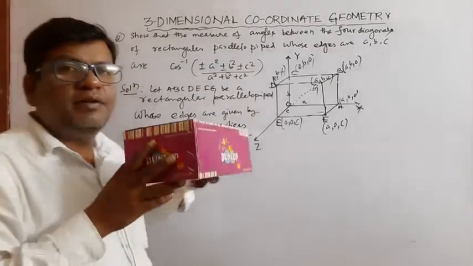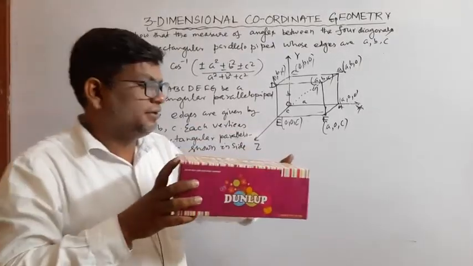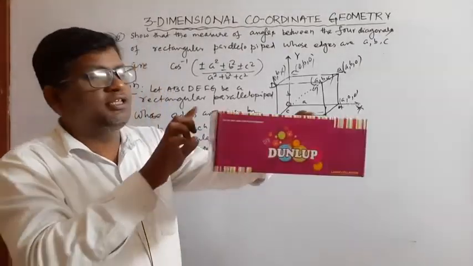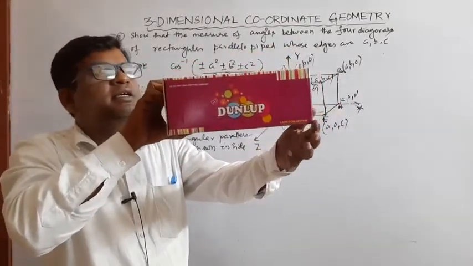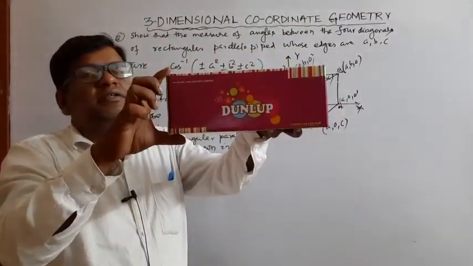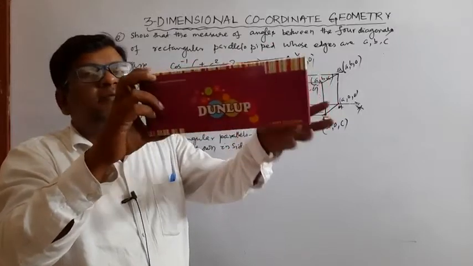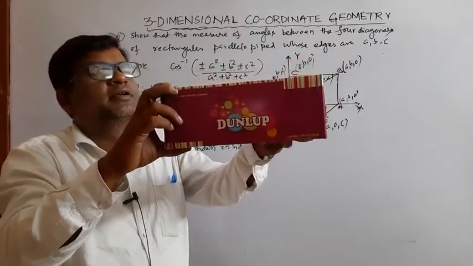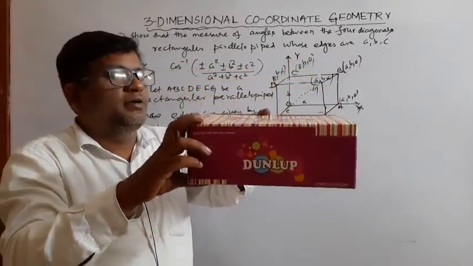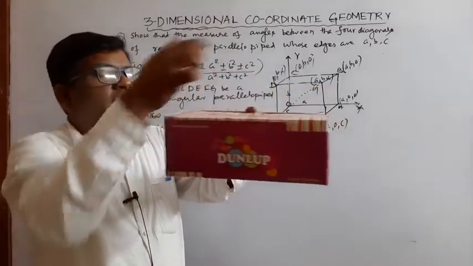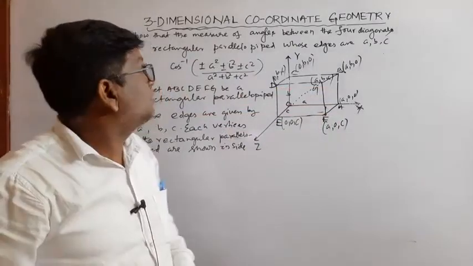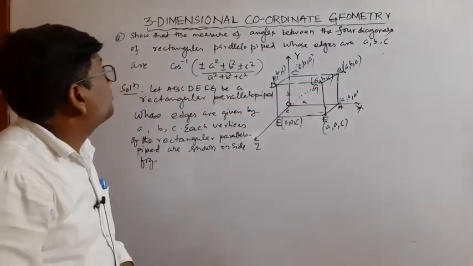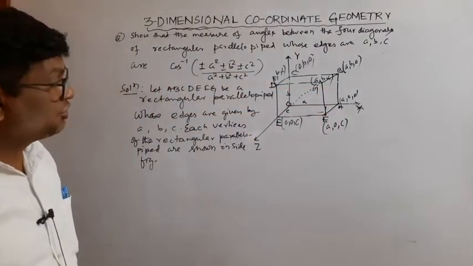Suppose this is the parallelepiped and the angle between this vertex and another vertex, the vertex opposite. This is one angle, and from this side to this and this side to this. So that gives the measures of angles between the four diagonals.